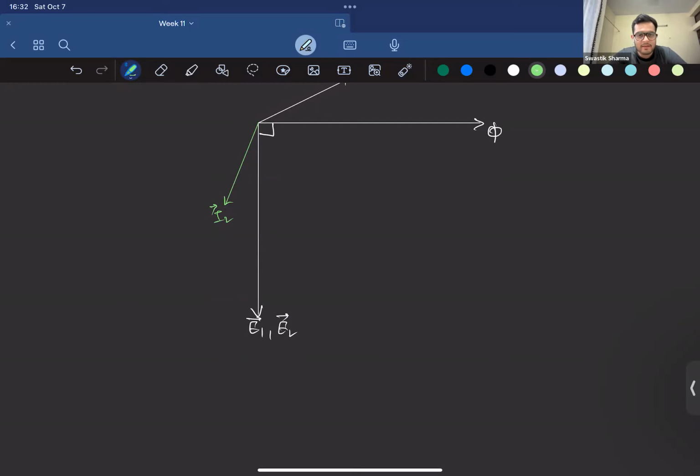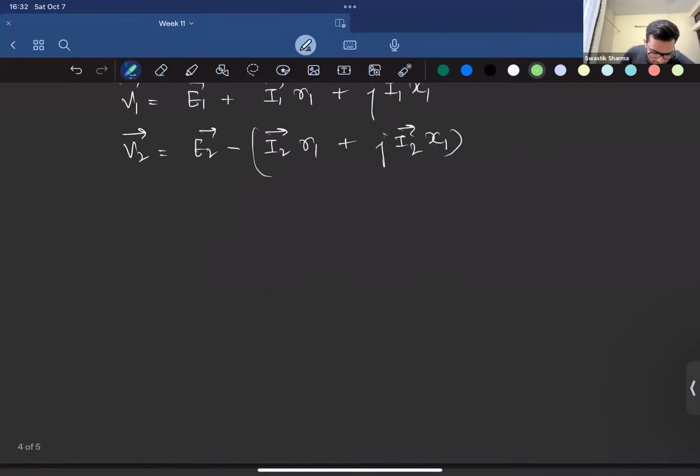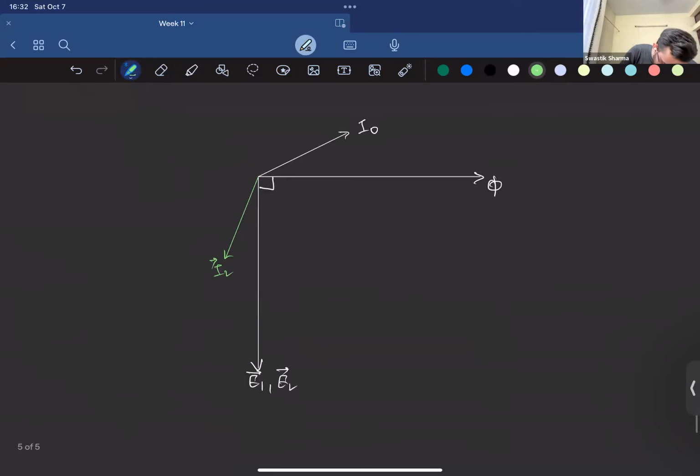We know that this I2 is lagging the voltage V2, right? It will always do that. So it can be represented something like this. Since it's j times I2 X, oh sorry, should be R2. So it's written j times I2 X2, right?